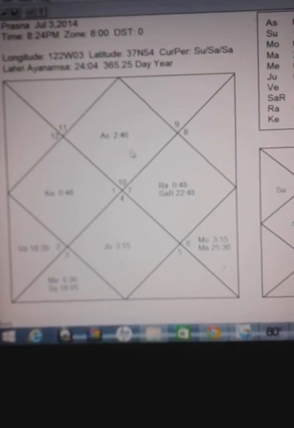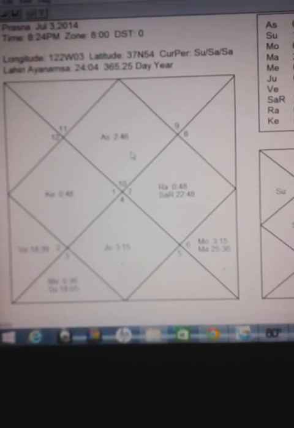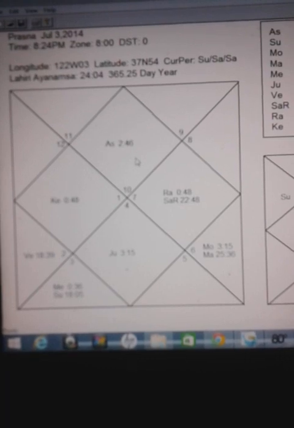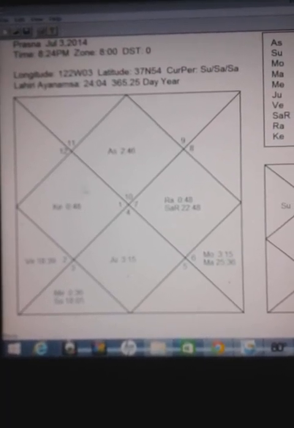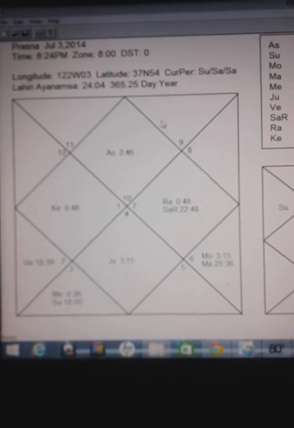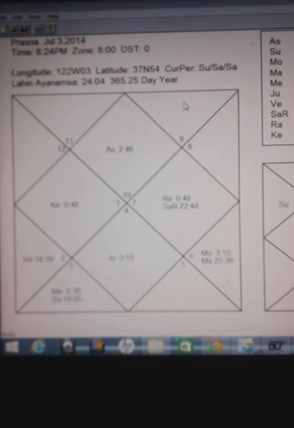So as you have seen, there are 12 zodiacs which can be depicted in a Vedic astrological chart, and there are 9 planets which are sitting in these 12 houses. And this is how a Vedic chart is prepared.